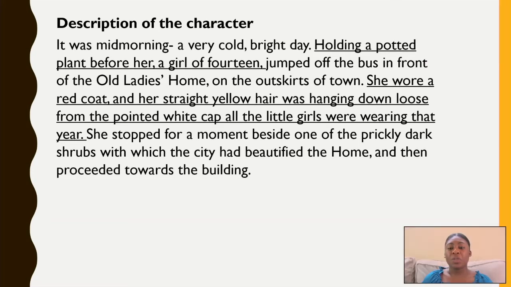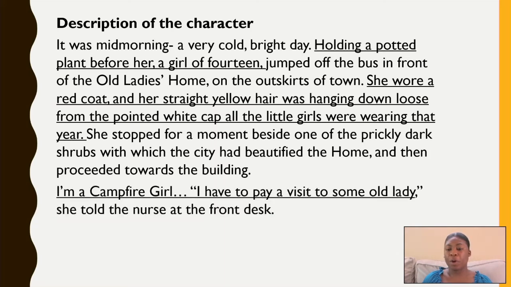Now, we learned previously about character, and I just want to point out that the character is well described in this story. We learn about the character through the descriptions of the author. Let's read the descriptions. Holding a potted plant before her, a girl of 14.